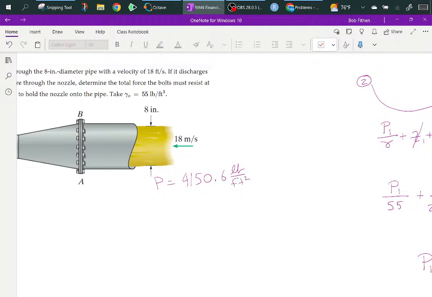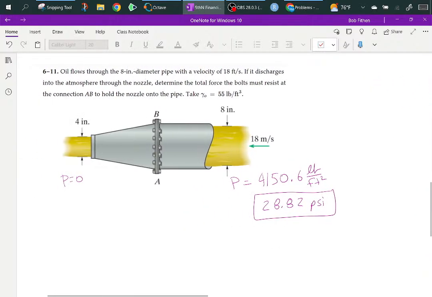If we wanted to, 4150.6 divided by 144 gives us 28.82 psi. So that's the pressure I got right there.